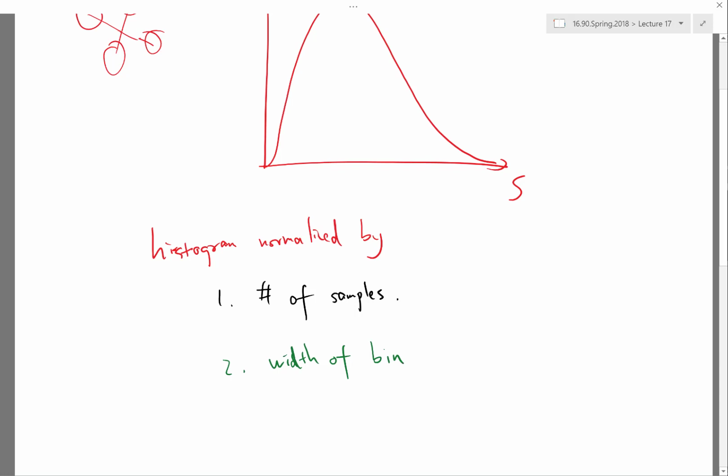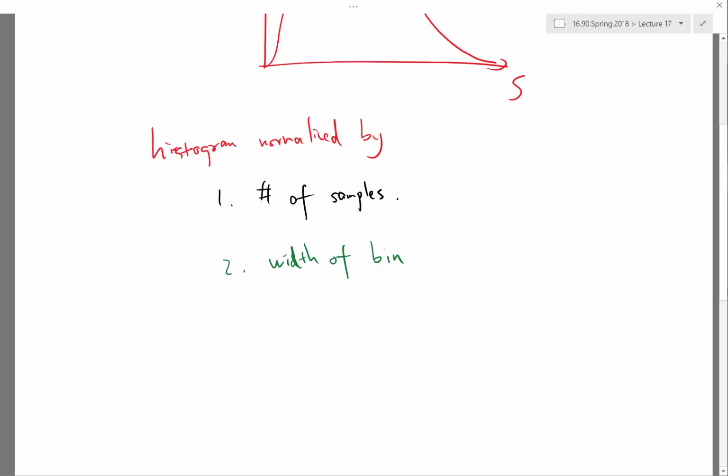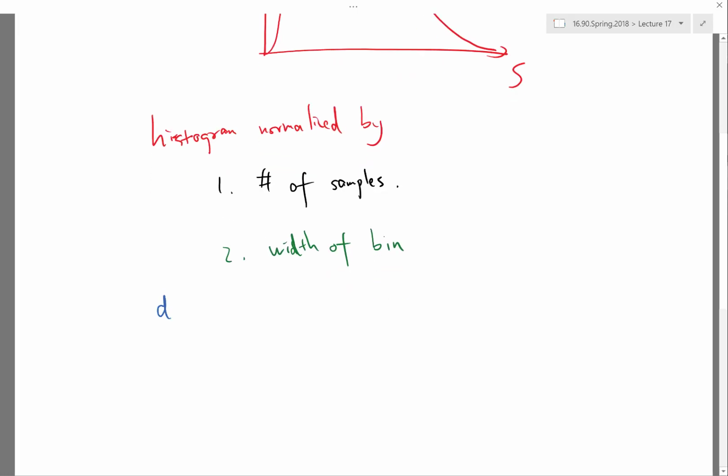Okay, so basically, if we do that, it becomes easy, because the number of samples in each bin, of course, is proportional roughly to the number of total samples, and is also proportional to the width of each bin.